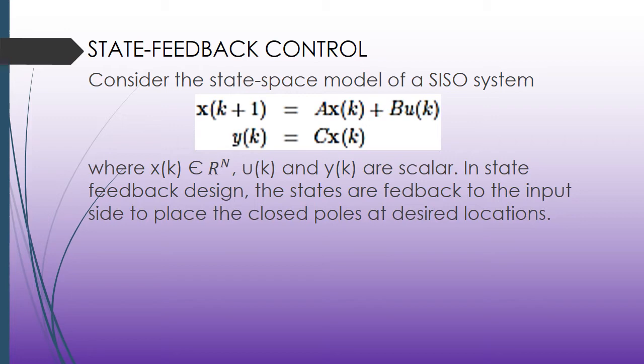In state space feedback design, the states are fed back to the input side to place the closed loop poles at desired locations.